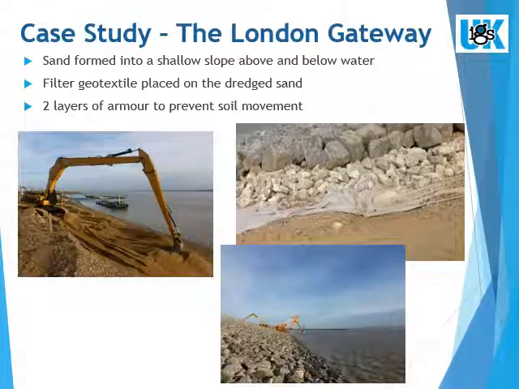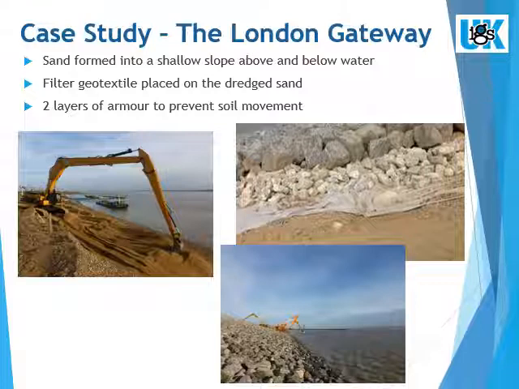The sand was shaped into a long, shallow sloping embankment, and a filter geotextile was rolled out from the toe below water and then up to the crest. This is followed immediately with placement of 2 layers of rock.